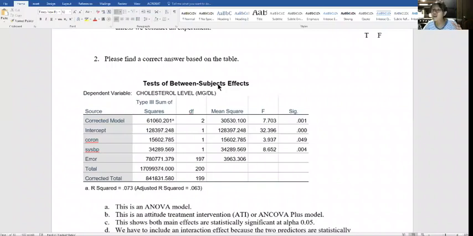But in one group, you still have some individual difference, right? That's within subject difference, or within subject variance, or within subject effect. We expect the between subject difference to be bigger than the within subject difference.